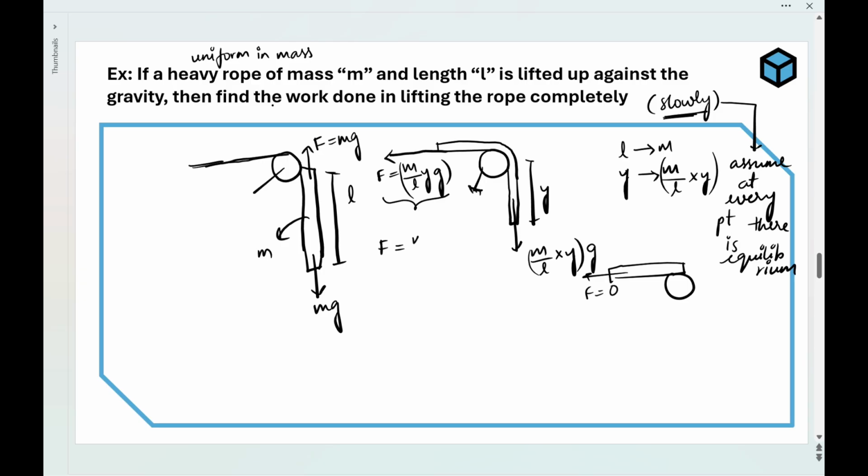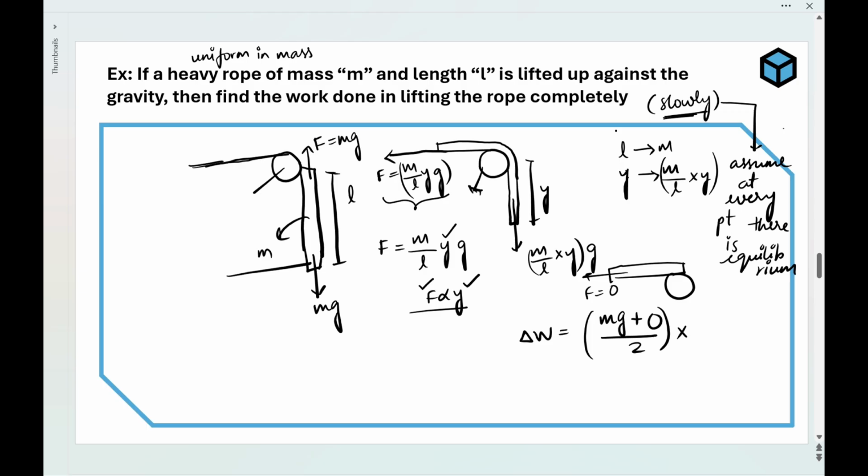Here you can see that F is equal to m by L into y into g, so F is directly proportional to y. So we are again using the application of what we discussed earlier: the force varies linearly with y. So we can directly write the work done is equal to the average force into the displacement. What was the initial force? Initially, when the whole rope was not lifted up, it was mg, and at last when the whole rope was lifted up it was 0, so the average is mg plus 0 by 2, into the net displacement.